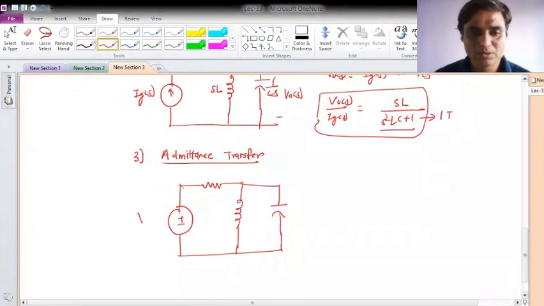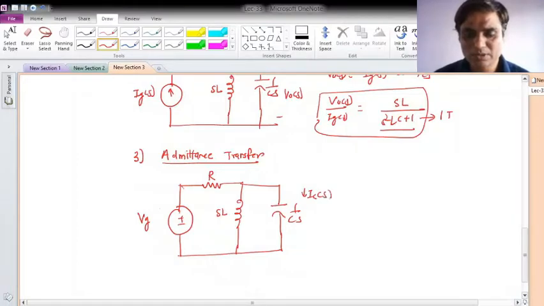So this is Vg, R, SL, 1 over Cs, and this is IC of S, for example. What I have to obtain is the admittance transfer.